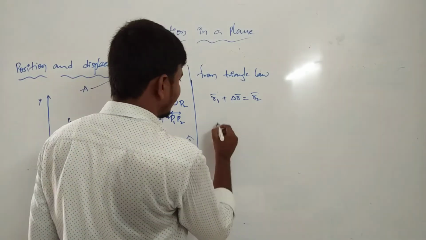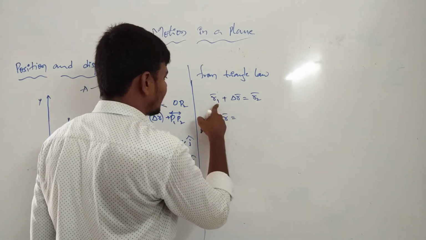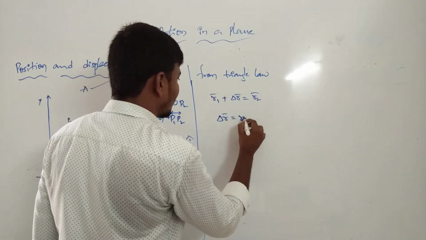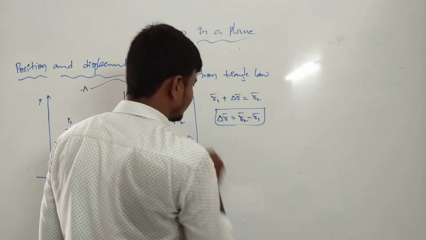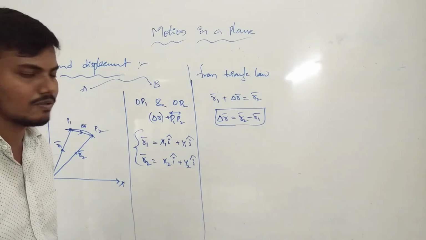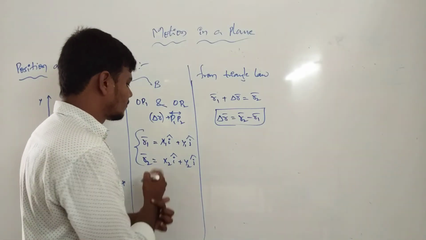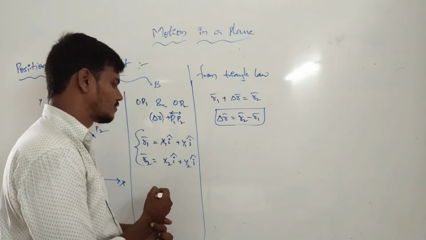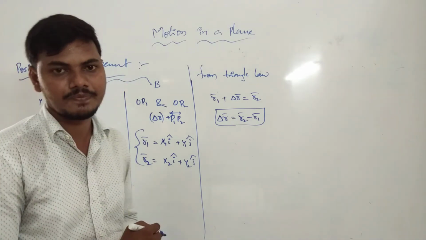Since this is the addition property, delta R bar equals R2 bar minus R1 bar. Now R2 bar is x2 i cap plus y2 j cap, and R1 bar is x1 i cap plus y1 j cap.